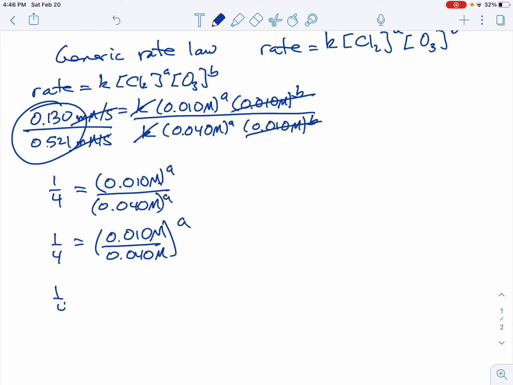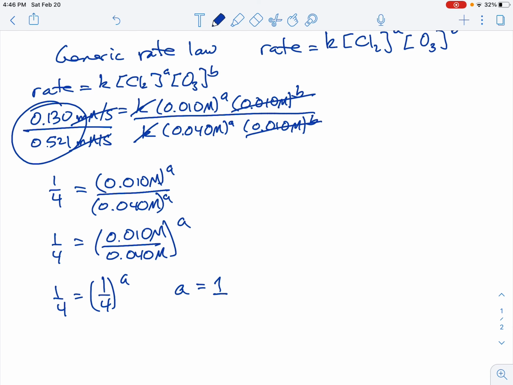So I've got 1/4 equals 1/4 to the A. And by inspection, I see that A has to be 1. Remember that in this course, we're going to confine ourselves to A being 0, 1, or 2. And so the only number that makes sense there is 1. So that gives us our A value.